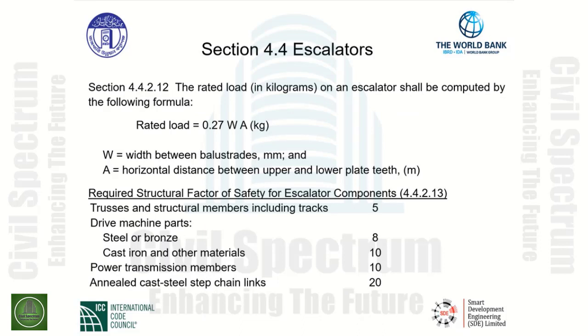Within section 4.4.2.12, we are given that the rated load in kilograms on an escalator shall be computed by the following formula. The rated load equals 0.27 times the width, which is indicated as W, times A, which is the horizontal distance between the upper and lower plate teeth in meters.